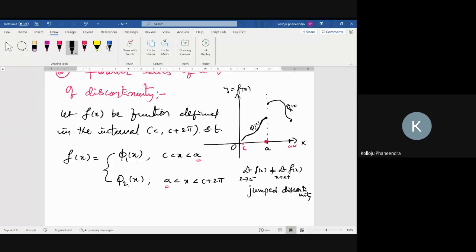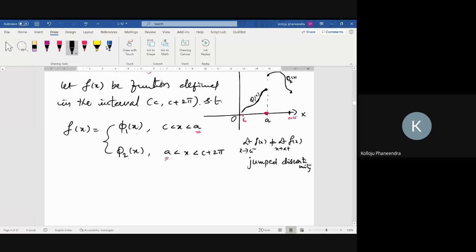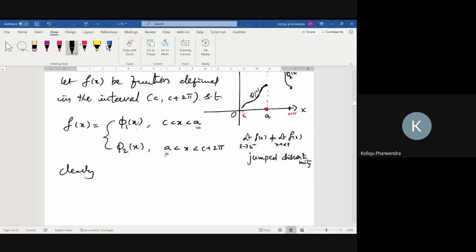So clearly f of x is not continuous, that is, discontinuous. f of x is not continuous at x equal to a, because the left limit value is phi 1 of x and the right limit value is phi 2 of x. So it has a discontinuity at x equal to a.